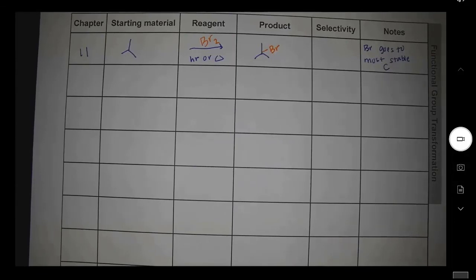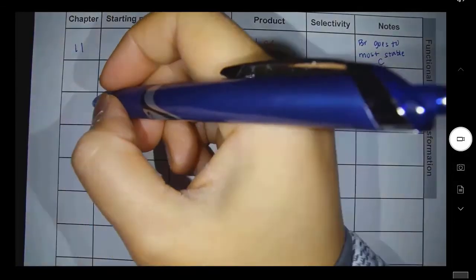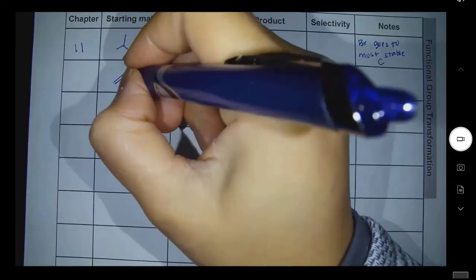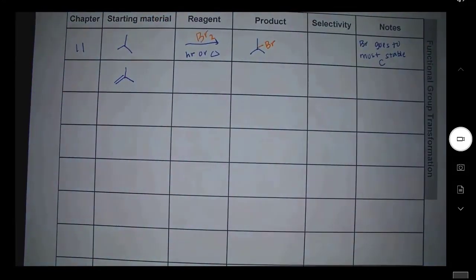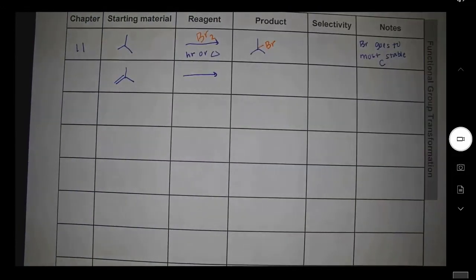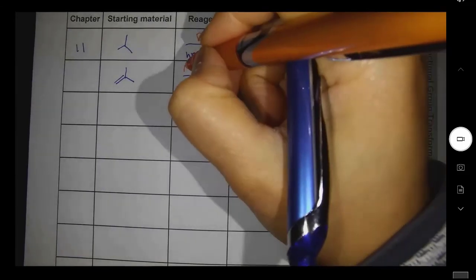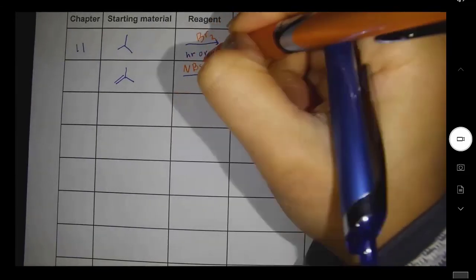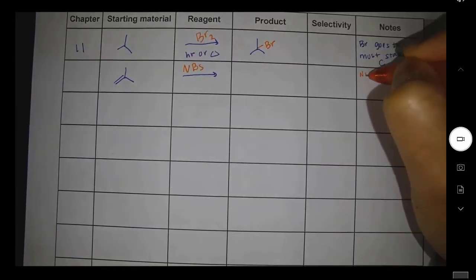And then the last reaction is one where a double bond is involved. So you have an allylic position. We add NBS, and that is N-bromosuccinimide.